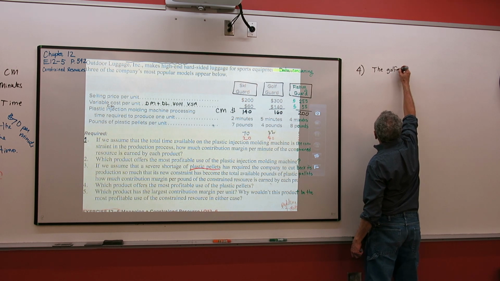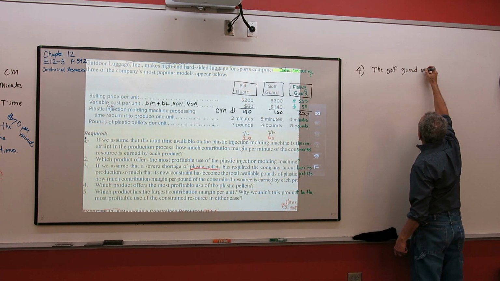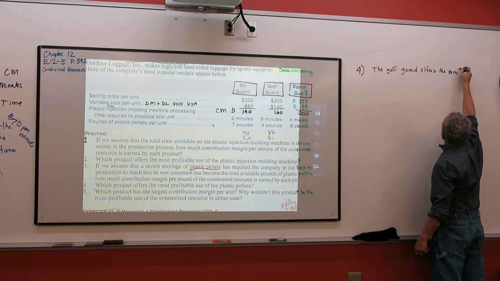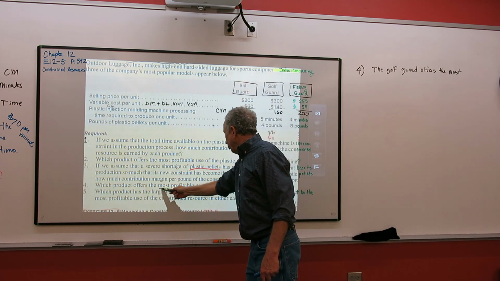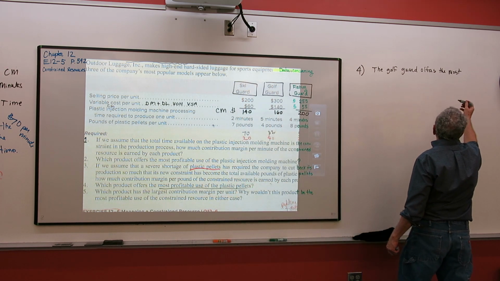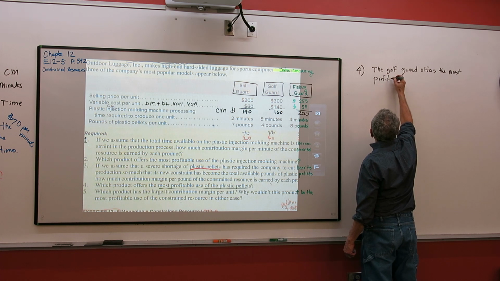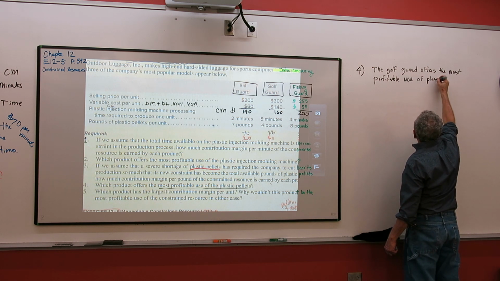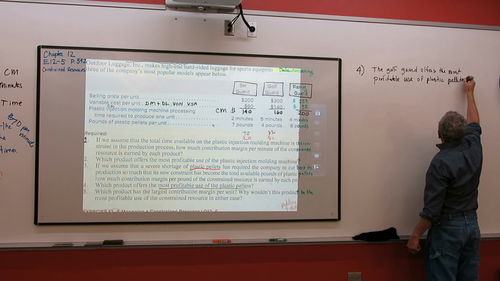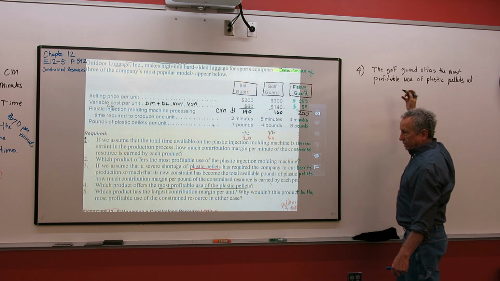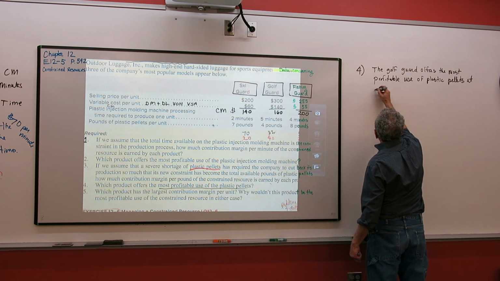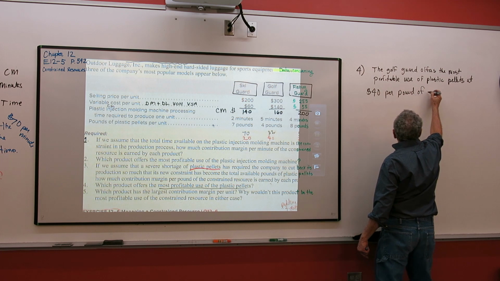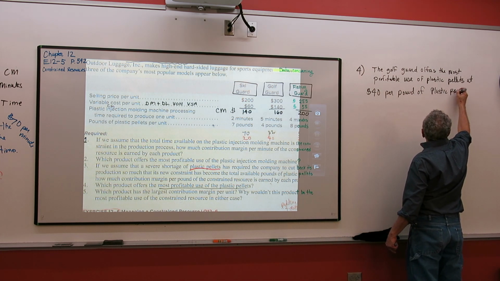The golf guard offers the most profitable use of plastic pellets at, and we figured out earlier, $40 per pound of plastic pellets.